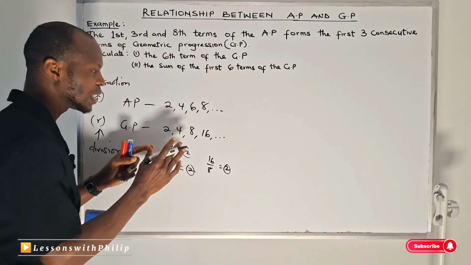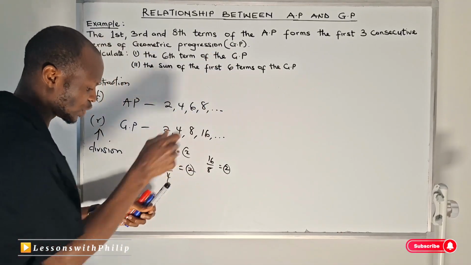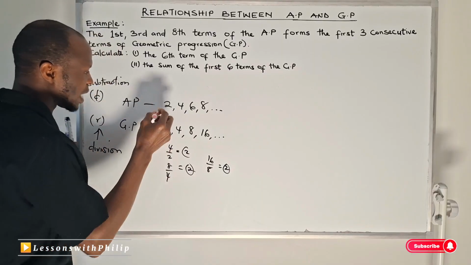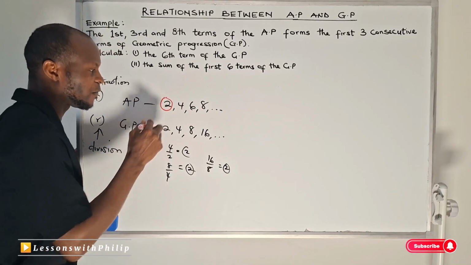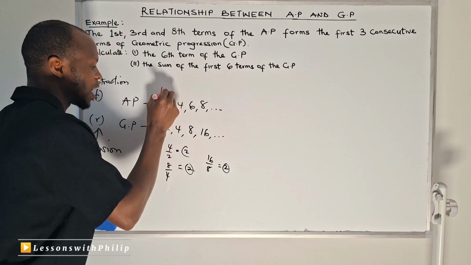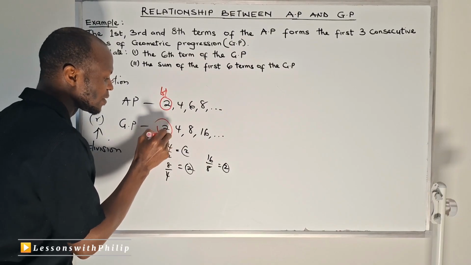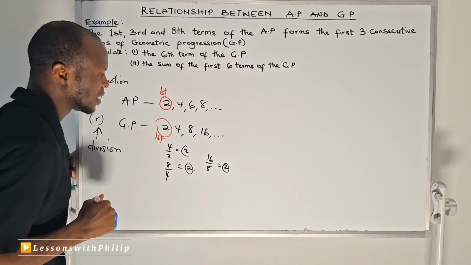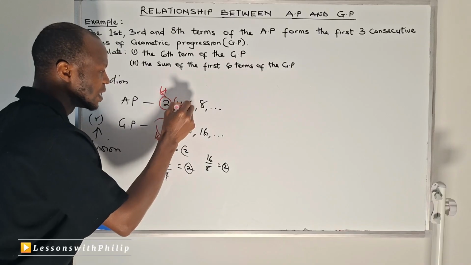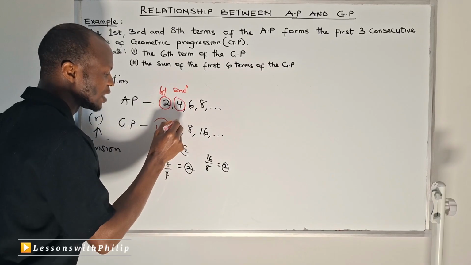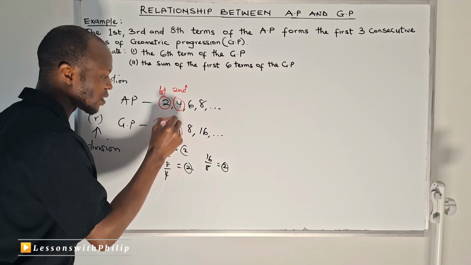Now, if you check these two sequences, you will see that 2 in the AP is the first term, and in the GP it is still the first term. 4 in the AP is the second term, and in the GP it is also the second term.